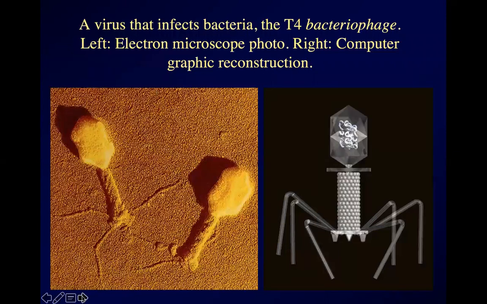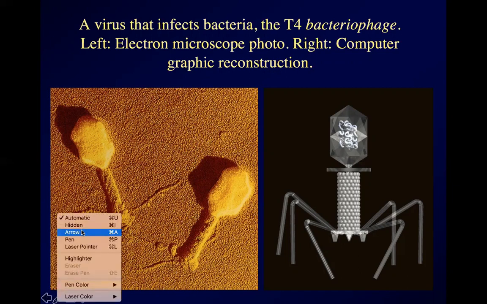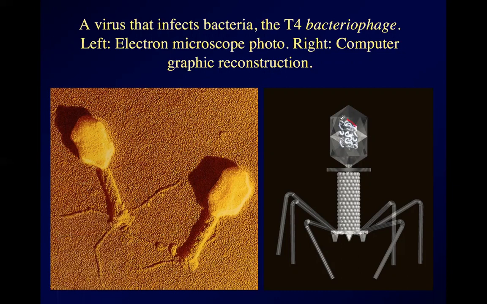This is one that infects bacteria with a very complex capsid that actually looks kind of like the moon lander. This type is called a bacteriophage. On the right, that's a computer graphic of what it looks like. That white stuff kind of balled up there in the head is DNA.